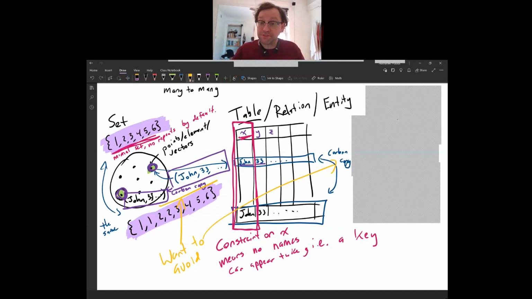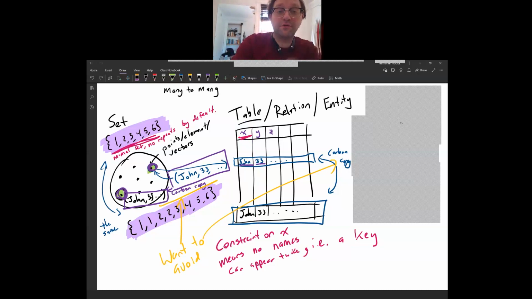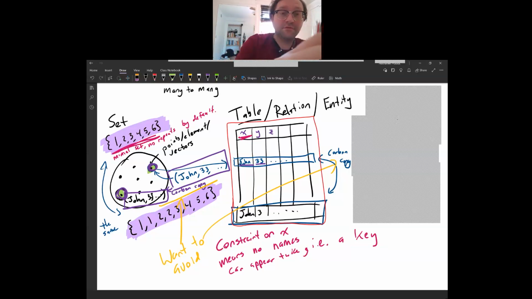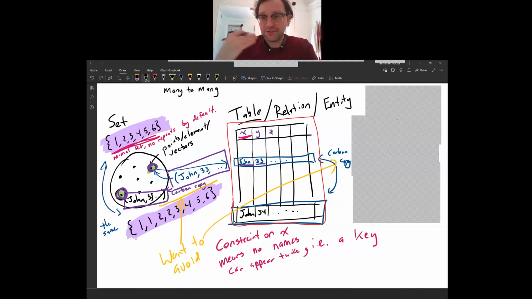So a loose constraint would be saying that for this entire table, nothing can repeat. That means that so long as I change any column, then these entries can coexist.